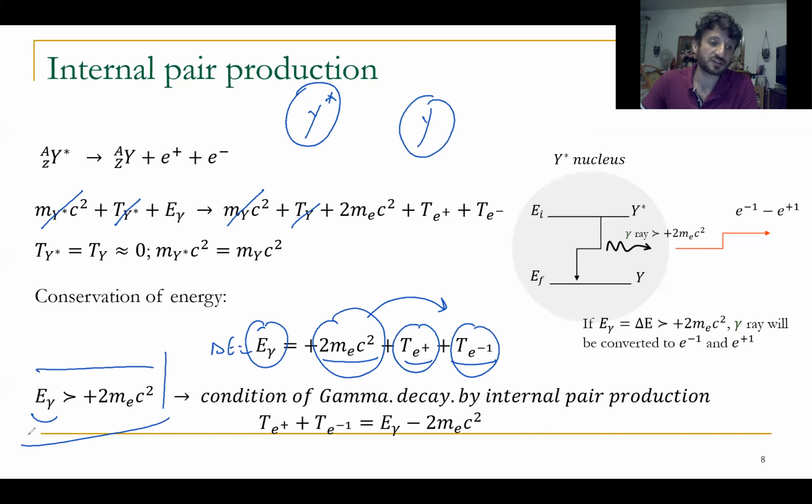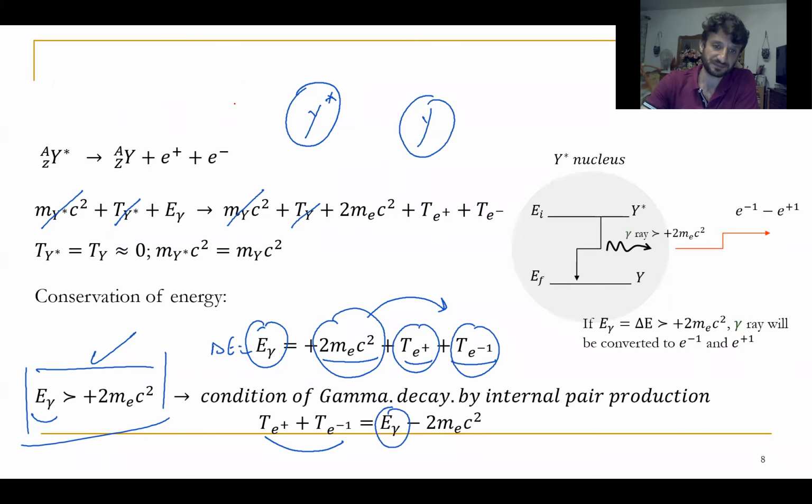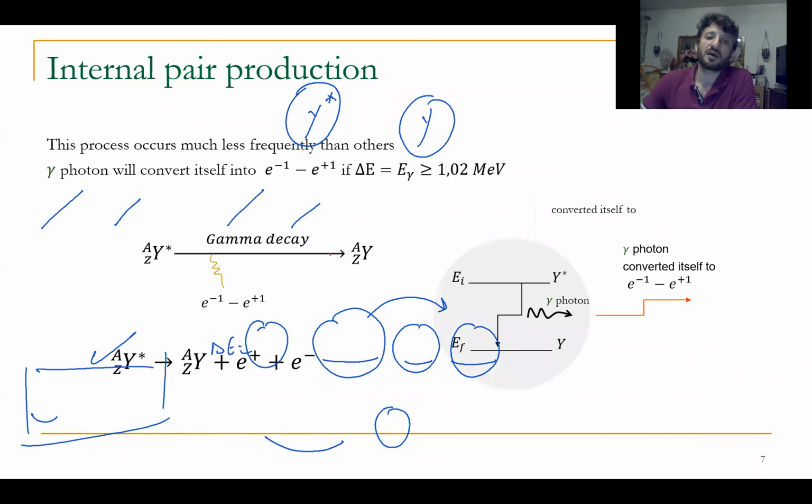This is the condition to have this type of decay. We can calculate the kinetic energy of e plus and e minus, which is equal to E gamma minus 2 m_e c squared. So the condition is that E gamma must be greater than 1.02 million electron volt.